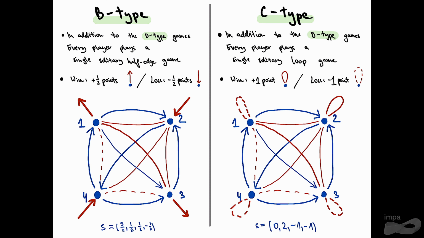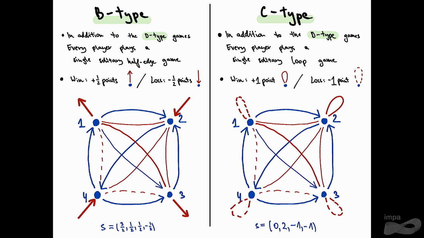Okay, and now I would like to also introduce 2 more models. It looks a little bit arbitrary now, which I'm sorry about, but it will be a bit clearer in a second. So there are 2 more models, B and C. I consider competitive and collaborative edges in both of them, and in addition, every player will play a single solitary game.